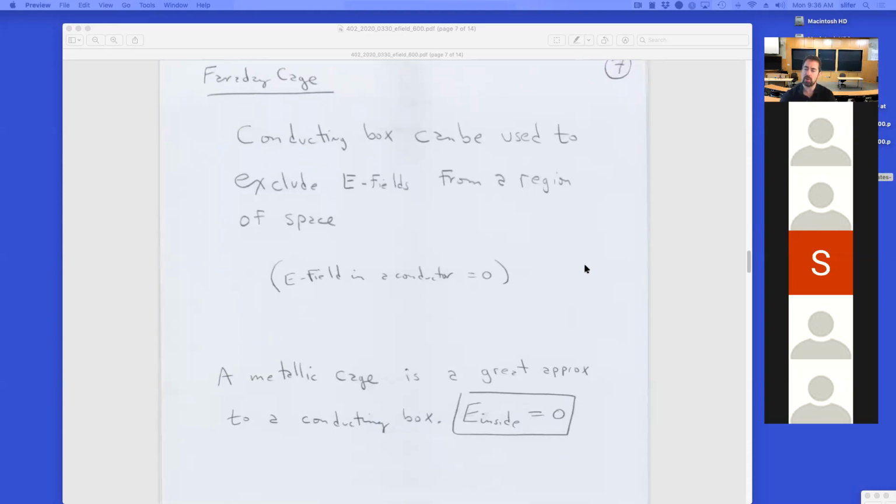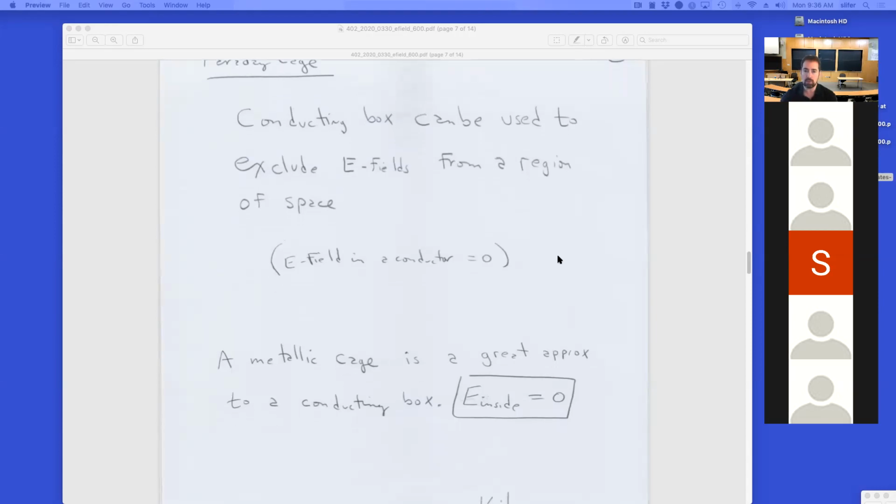This basic principle of electrostatics, that the field inside a conductor is zero, can be approximated very, very well by even just a mesh or a fence or a mesh box. So we can use this to exclude electric fields from a region in space. And a metal cage is a great approximation to a conducting box.